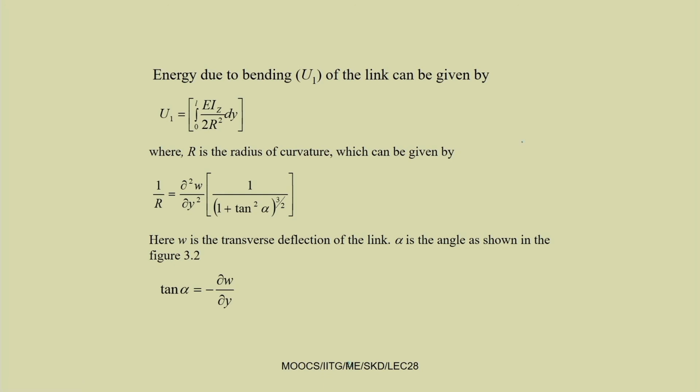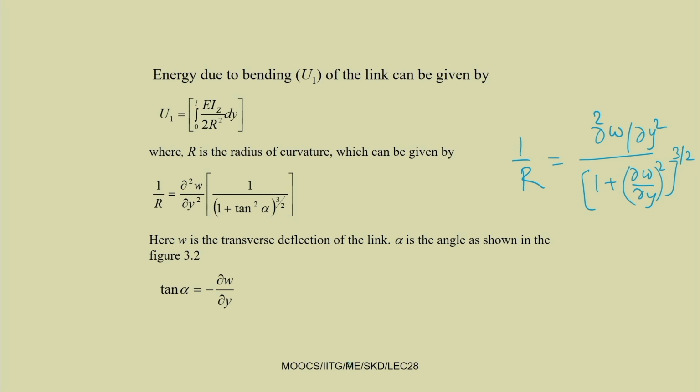You can recall this 1 by r in case of bending. So 1 by r equal to del square w by del y square, where w is the deflection along the y direction, divided by 1 plus (del w by del y) whole square to the power 3 by 2.